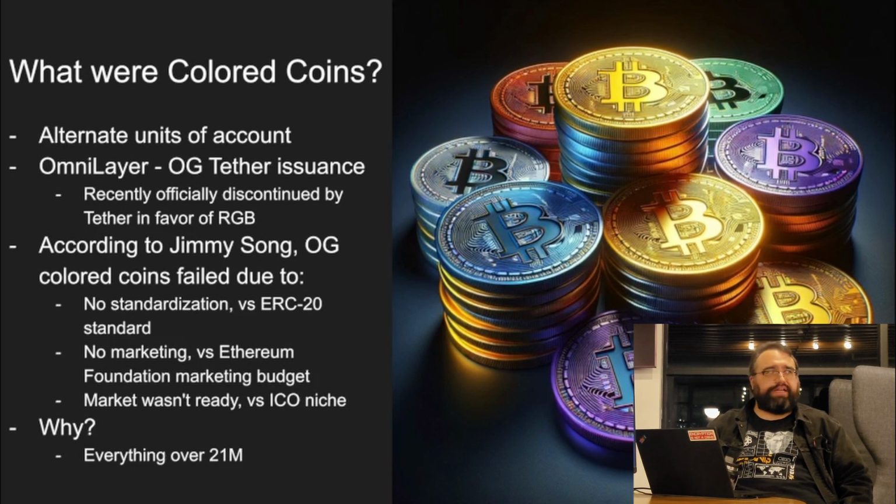USDT was done on a colored coin protocol called Omnilayer, which was recently discontinued, but for the longest time it still had redeemability for US dollars, and it was issued on Bitcoin originally. This was like 2013, way before Ethereum.